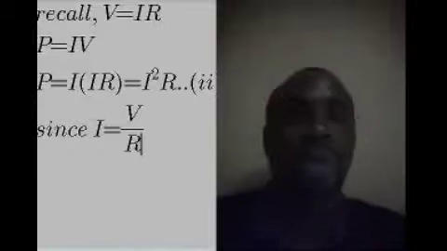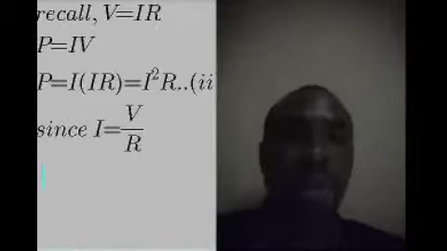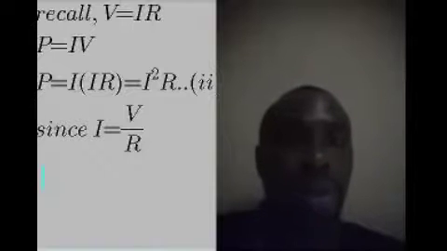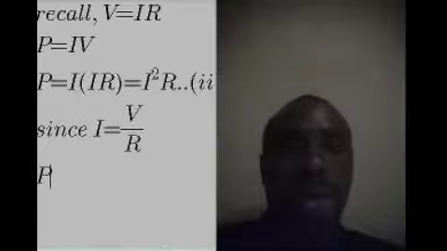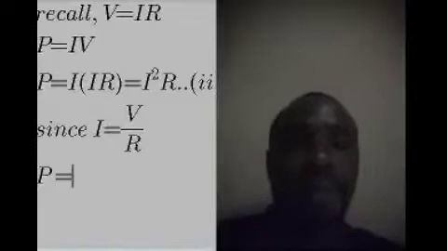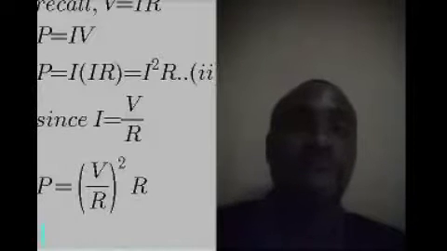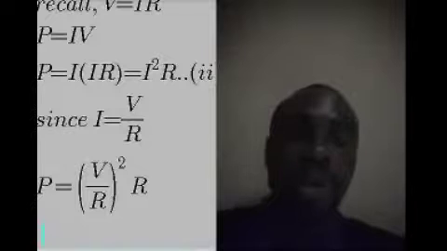We can then substitute that into our equation as we replace I squared with (V over R) squared, right? So our new formula for power will be (V over R) all squared times R, right?